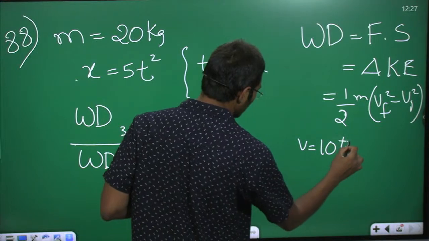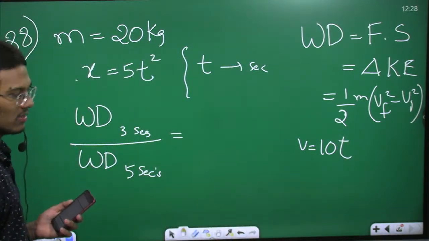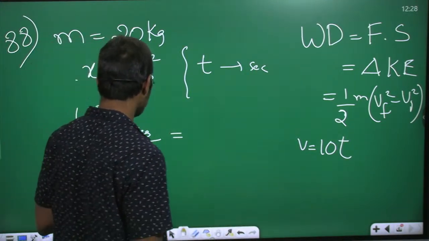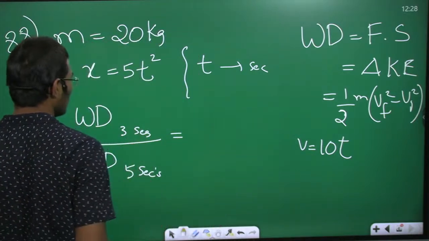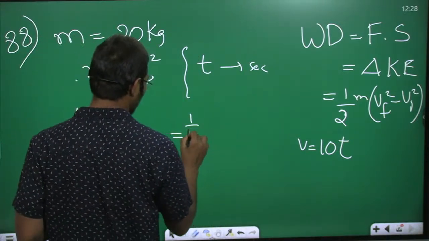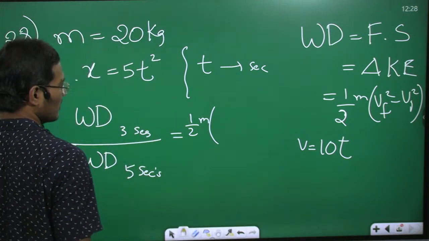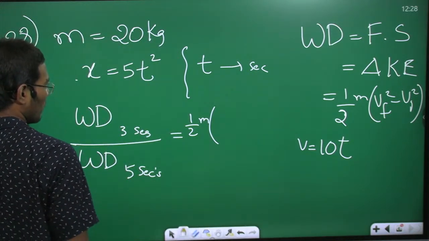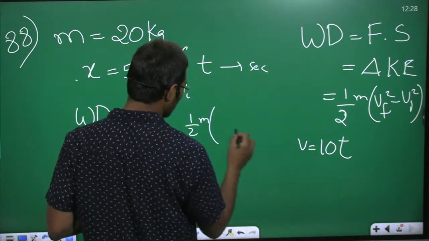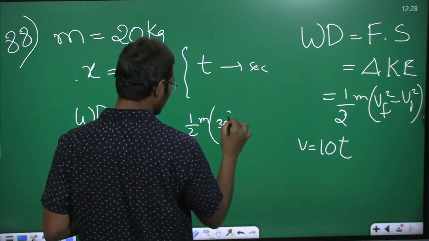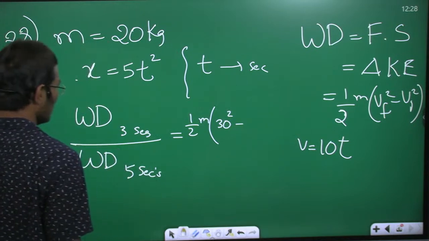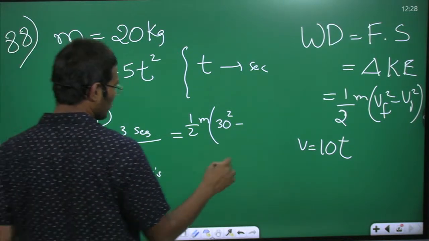So in order to find work done, half m times velocity at 3 seconds. What is velocity at 3 seconds? 10 into 3, 30. 30 square minus velocity at 0 square.